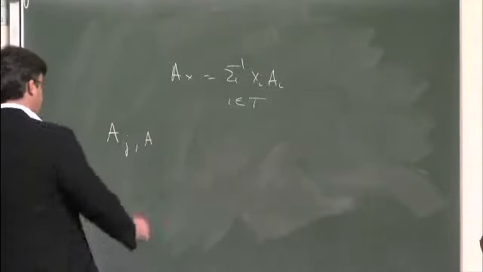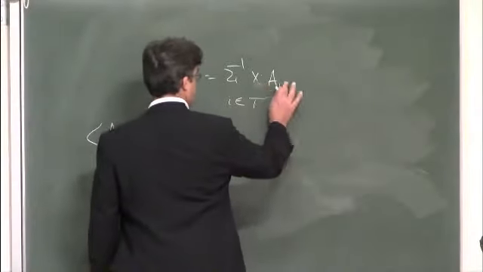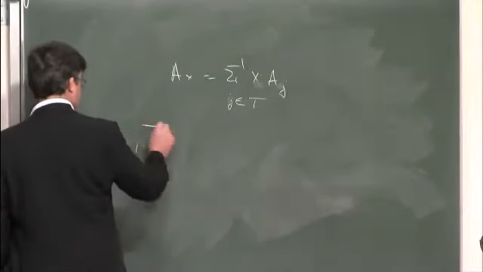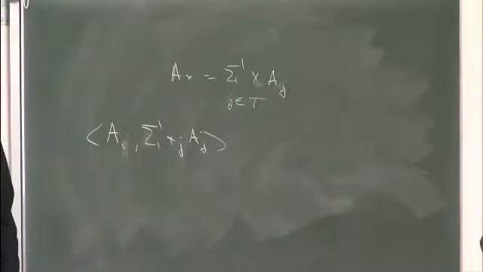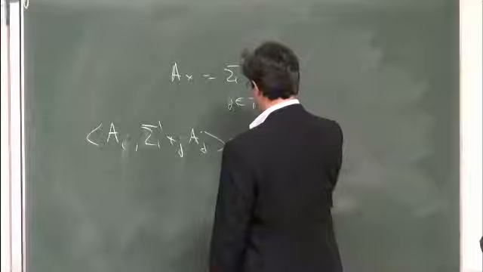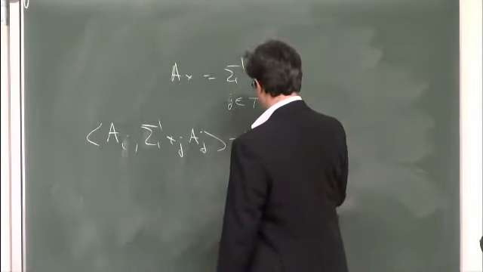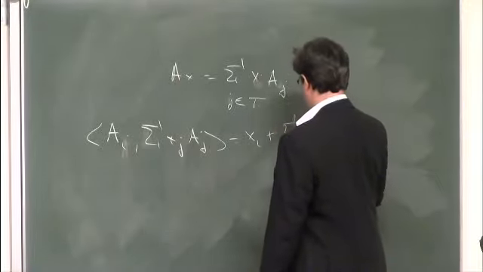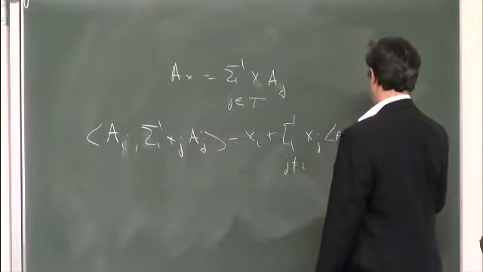It's, of course, the inner product between aj and the sum of xi ai. But basically, if say the columns are normalized, it's going to be something that looks like xi times 1 plus the sum over j different from i of xj ai aj.